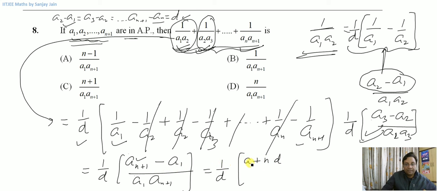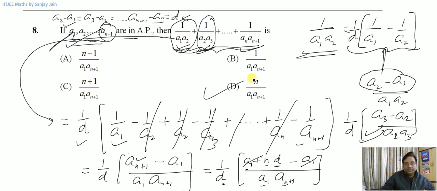I'll have to take A1 here, because A(n+1) is the (n+1)th term of this AP, of which the first term is A1. So I have to write the first term here, plus (n plus 1 minus 1), that is n into d, minus A1, divided by A1 into A(n+1). So this will get cancelled, and this d will also get cancelled. So it will be n divided by A1 into A(n+1), which is option D.